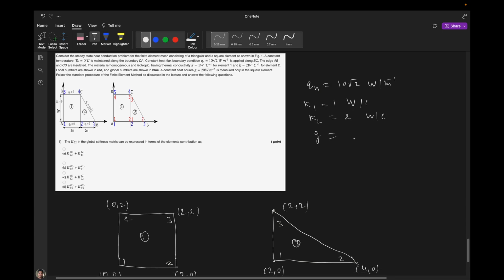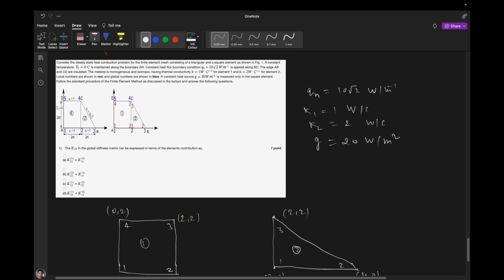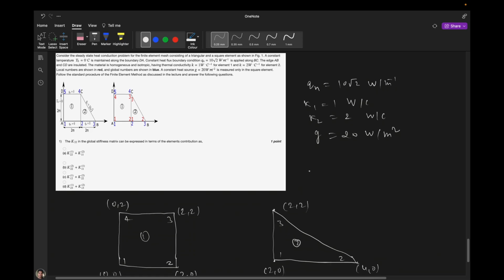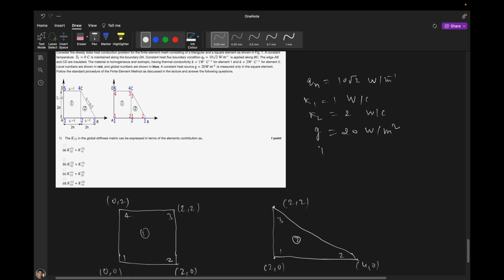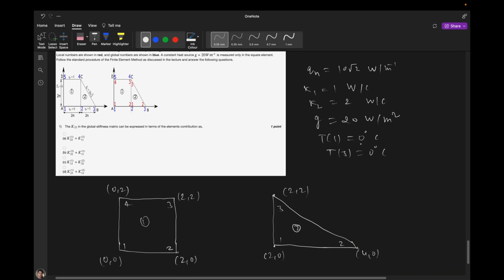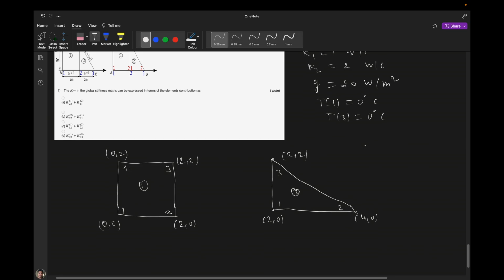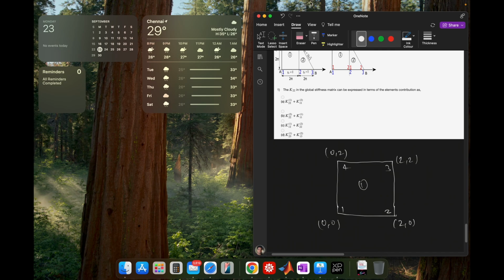There is a heat generation of 20 watt per meter square. There is a constant wall temperature at node 1 and node 5, so T1 equals 0 degree centigrade and T5 is also 0 degree centigrade. This is all the data given. Let's go to the MATLAB and we will see.